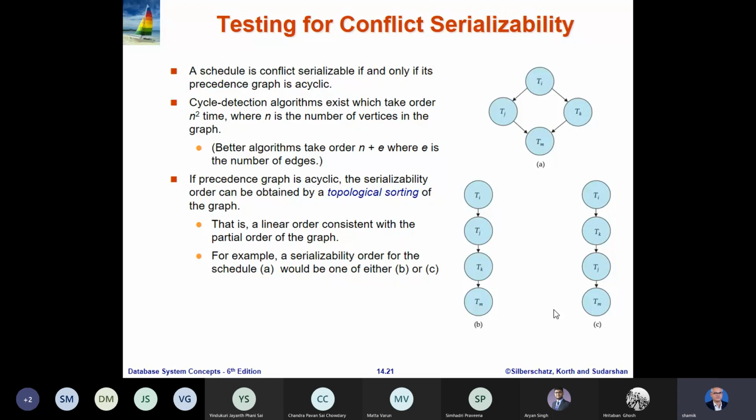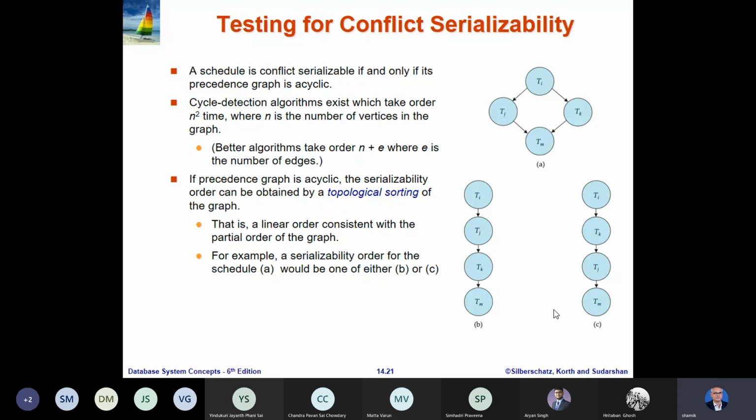Mind that just because this schedule, which is represented by its precedence graph A, is conflict serializable, does not mean it will be conflict equivalent to all of those factorial 4 serial schedules. It will be equivalent only to those serial schedules which you can get by topological sorting of this precedence graph.